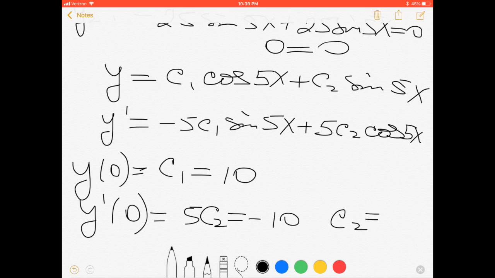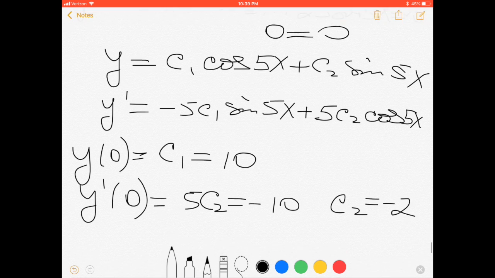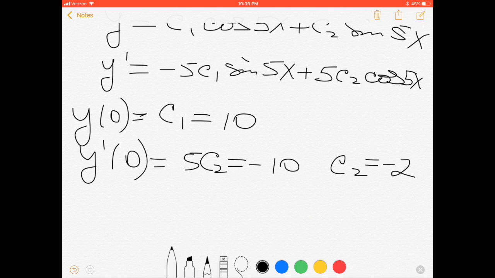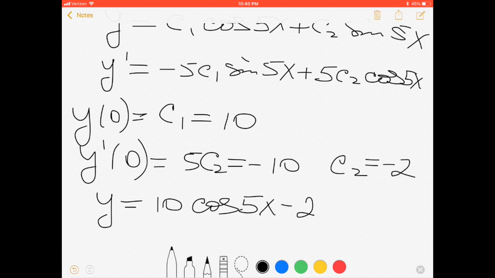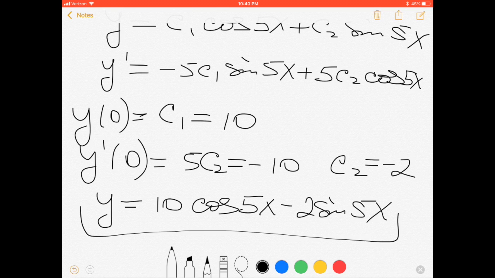This means c2 equals negative 2. And now the particular solution will be 10 cosine 5x minus 2 sine 5x. This is exactly the particular solution they ask us for. Okay.